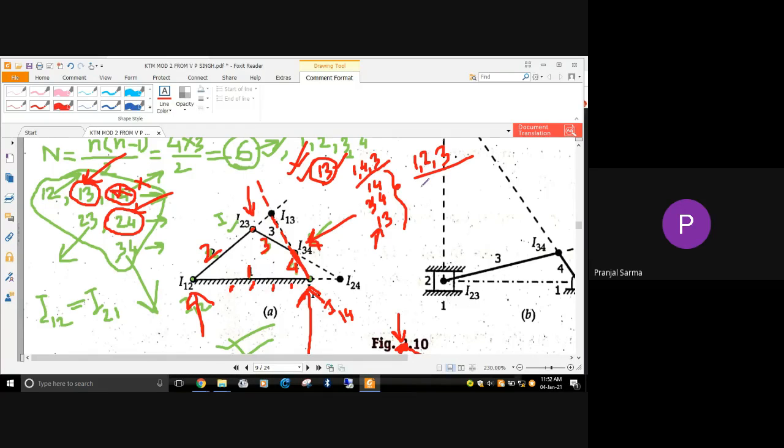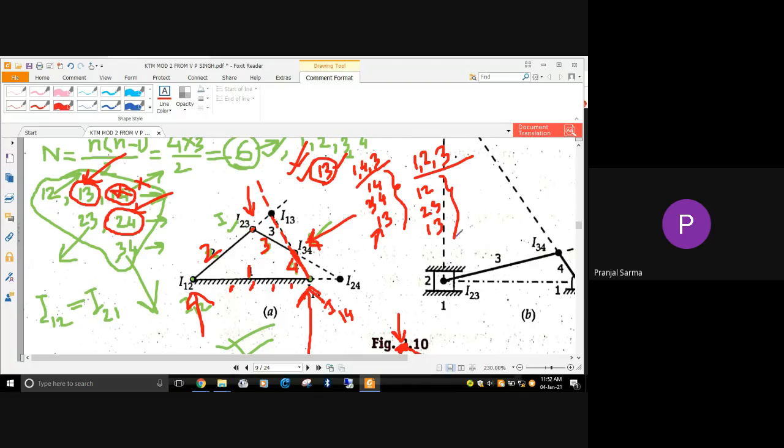Who will tell me the names? I12, I23, and I13. Correctly said. So these are the three instantaneous centers.